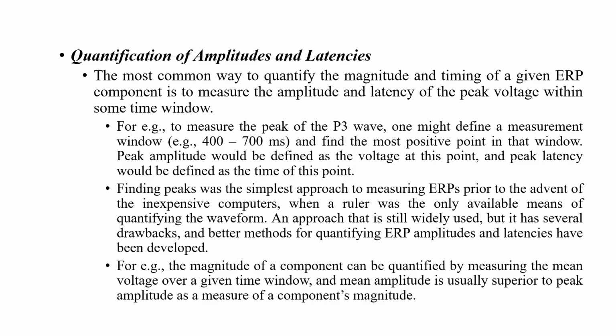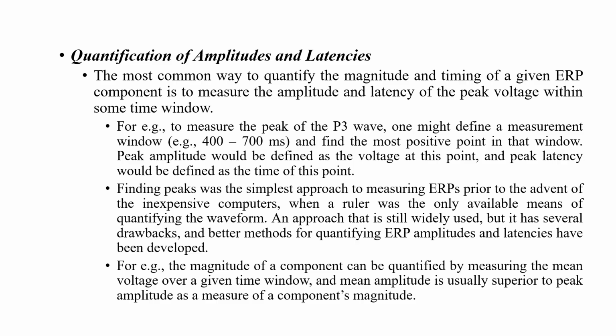Now, another very important step in this whole thing is the quantification of amplitude. What is the amplitude? What is the latency at which that amplitude is peaking? The most common way to quantify the magnitude and the timing of a given ERP component is to measure the amplitude and the latency of the peak voltage within a time window.